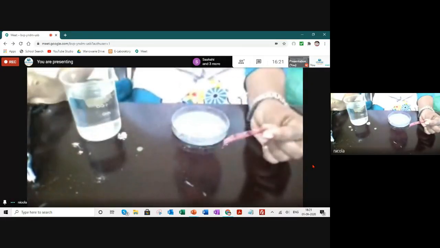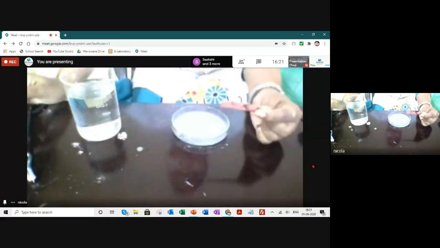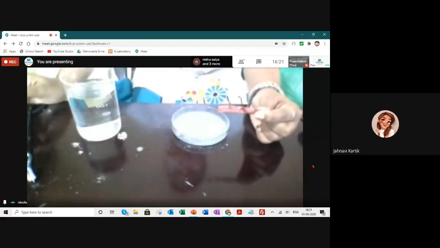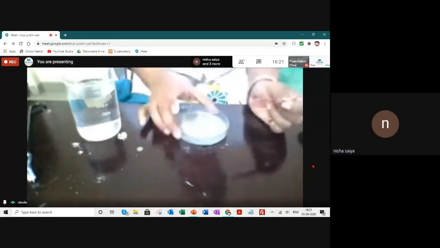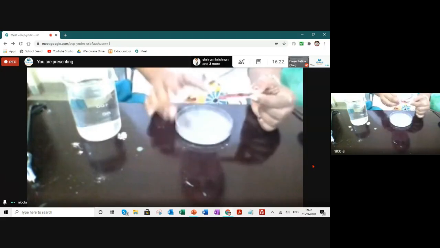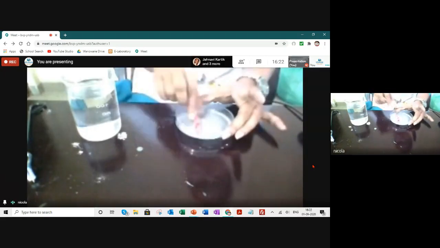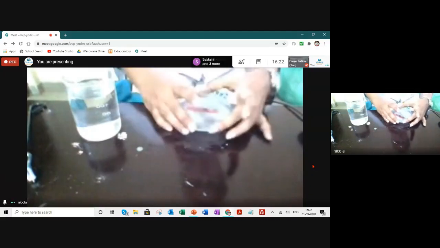So can you all see the litmus paper? Yeah. Okay. So now we'll test it with red litmus paper and we'll see what happens. We can just put it inside the thing and, after some time, remove it.